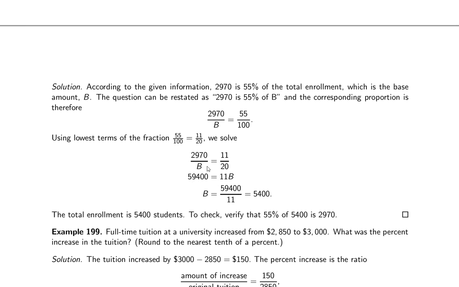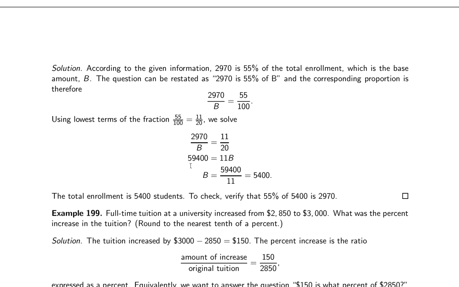So multiply here: 59,400 is equal to 11B. Then divide both sides by 11. So we need to divide 59,400 by 11. If you do that long division, that's 5,400.